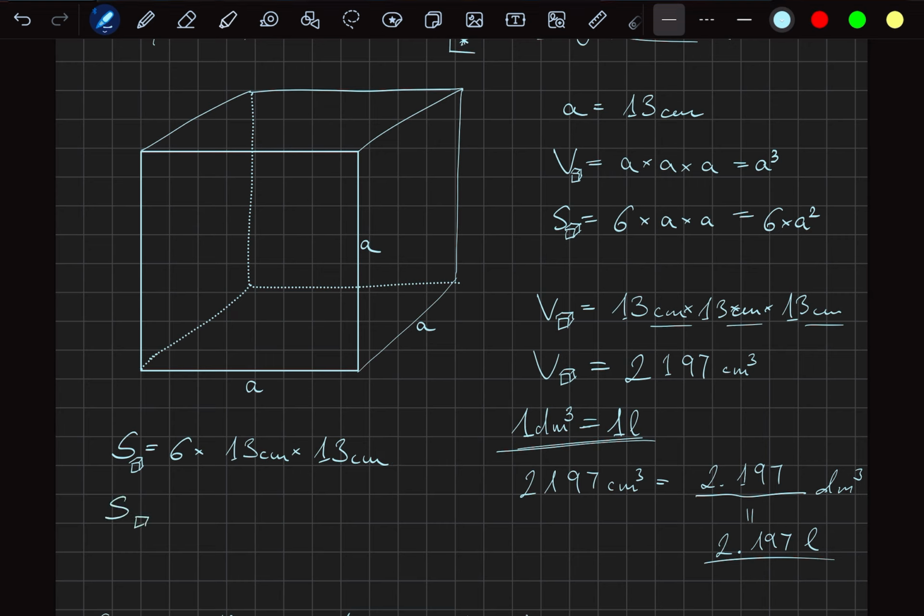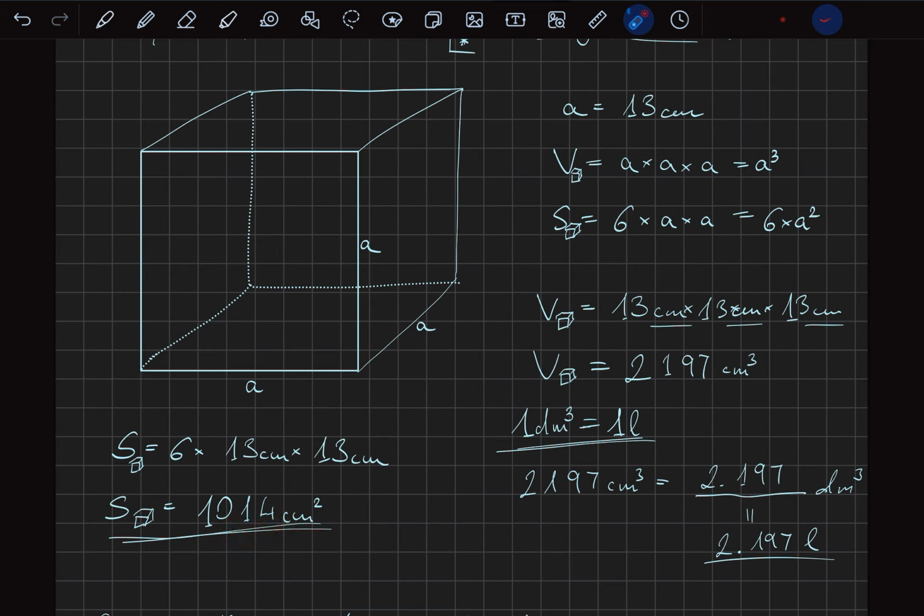So the surface of the cube equals 6 times 13 times 13, 1014 centimeter square. If we want to write this into decimeters, then I need to divide by 100.